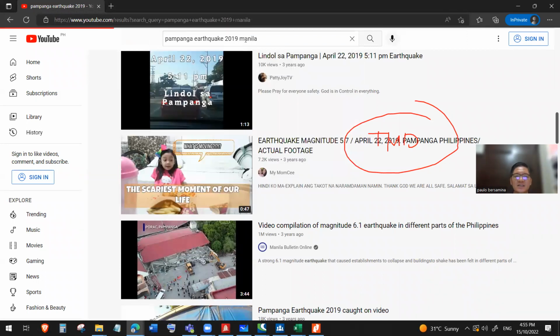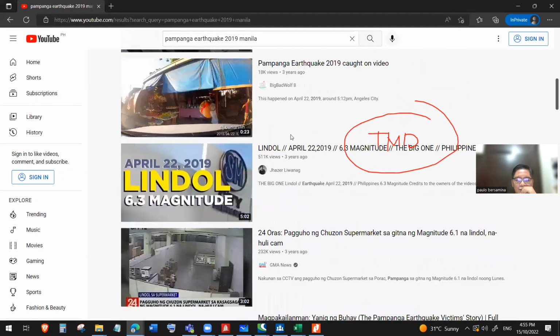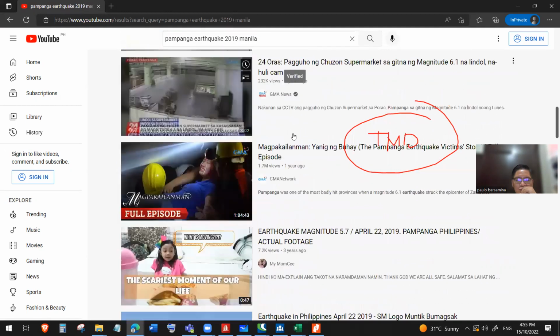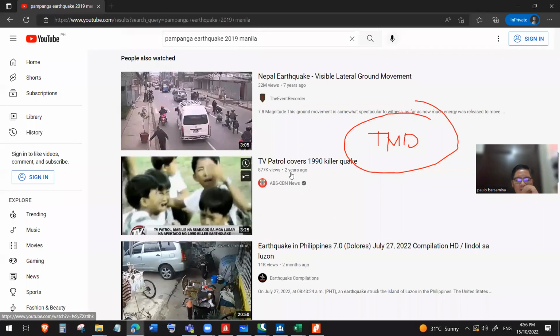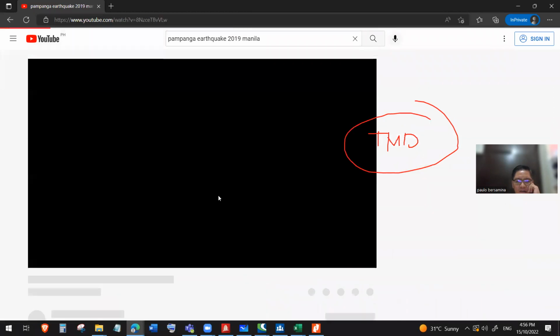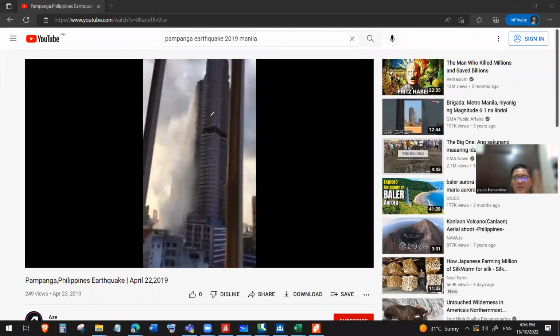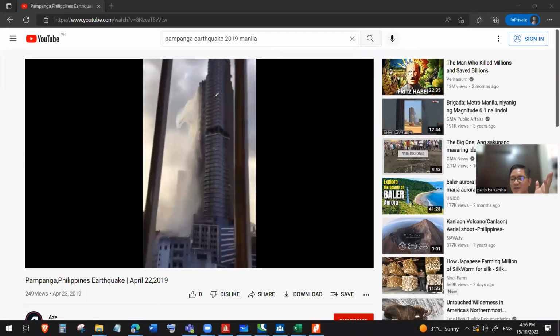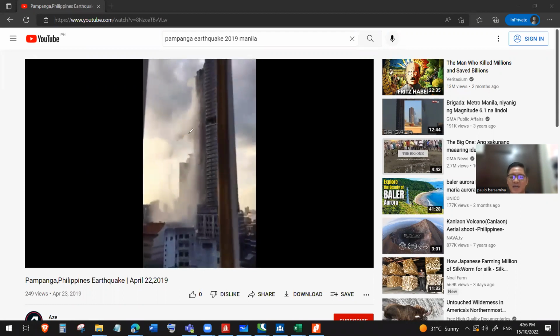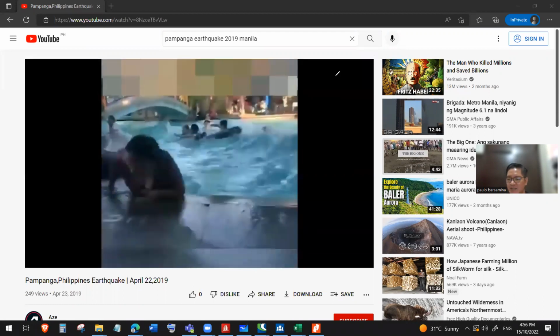Let's try Manila. There's no footage in Manila. This one, see? Of course, on top, we can't see the magnitude of the displacement, but the deformation there is large.